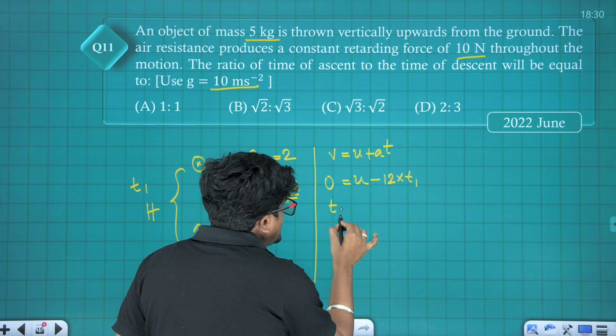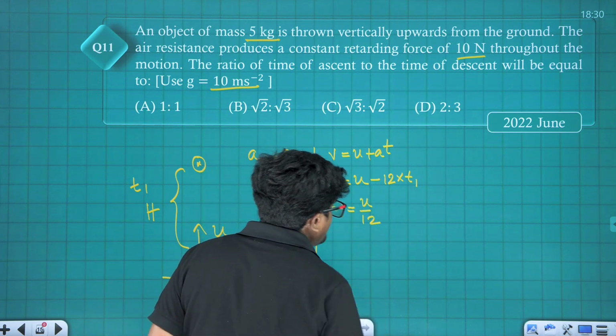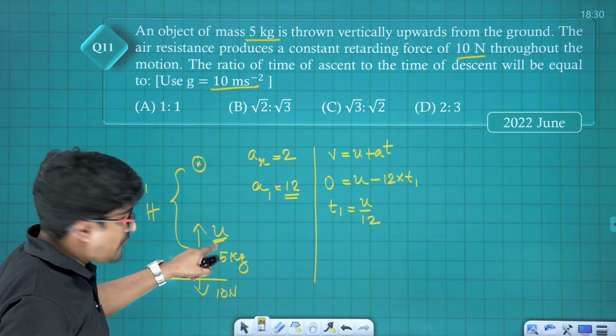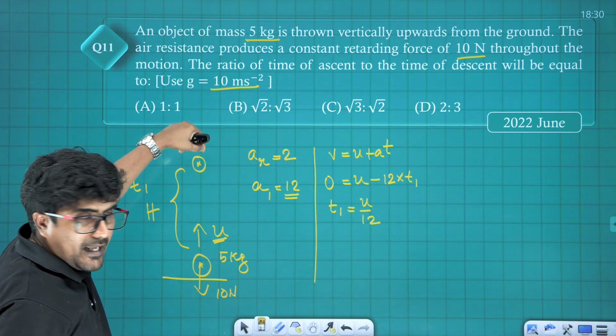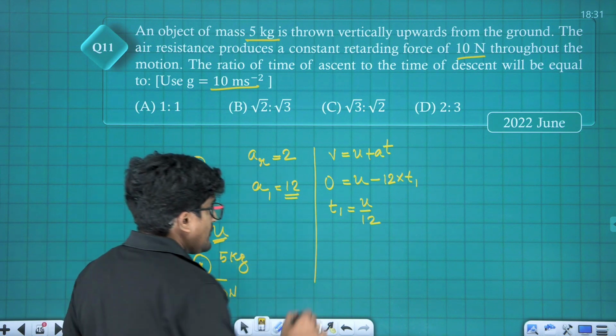So here I can say t1 is going to be u by 12. Now this body is thrown with the speed of u and it's reaching a height of capital H.